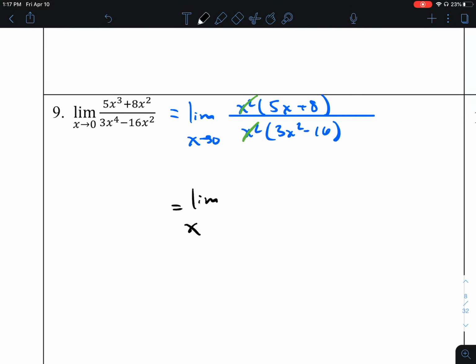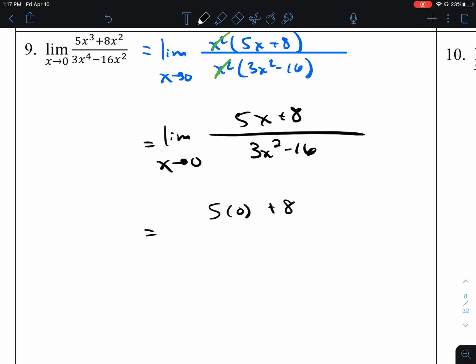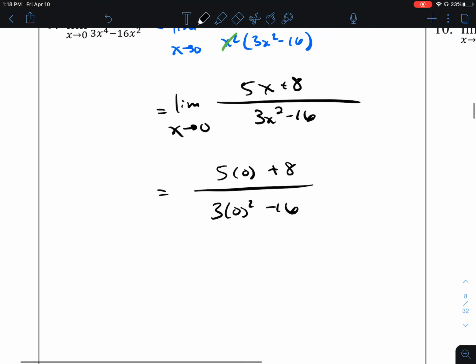So now we have the limit as x approaches 0 of 5x plus 8 over 3x squared minus 16. Using substitution, we're going to end up with 8 over negative 16, which is negative 1/2.